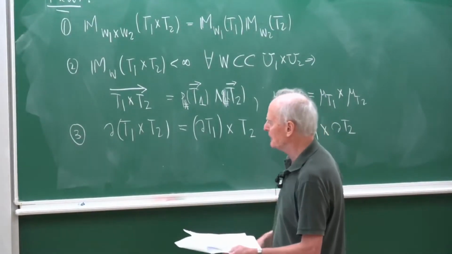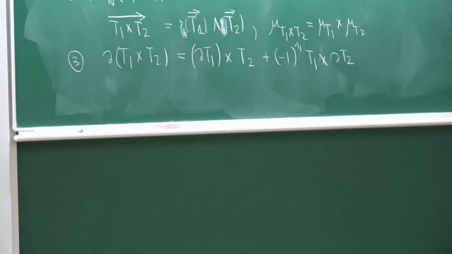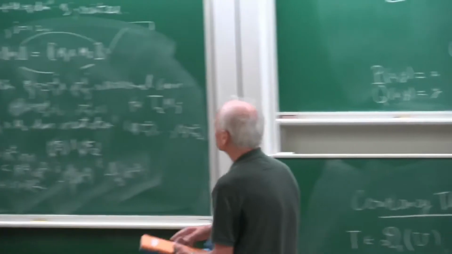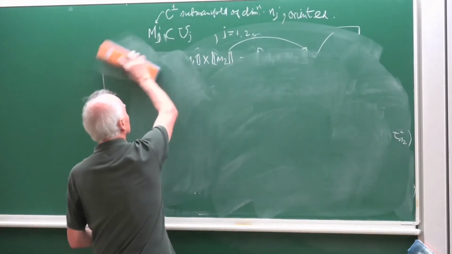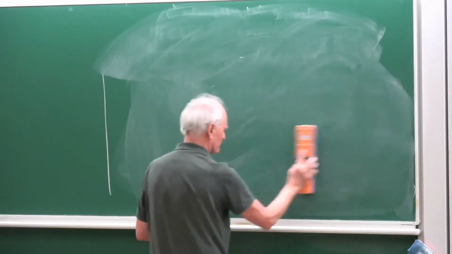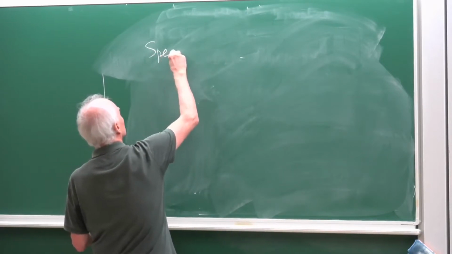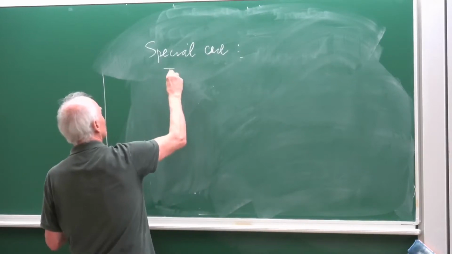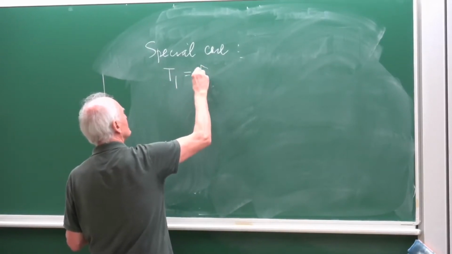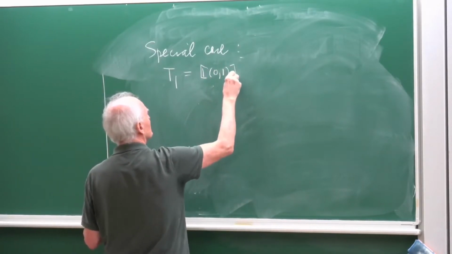Oh, and then there's some special cases. So there are general formulae, so I'll leave you to check those. And then there are some special cases. When T1 is just the one-dimensional current on R given by integration over the unit interval.